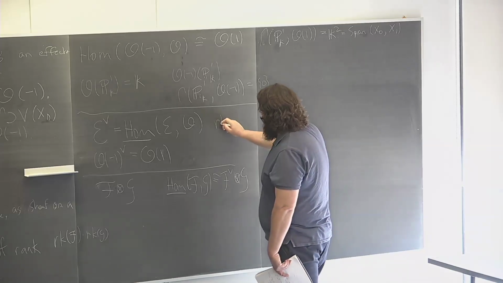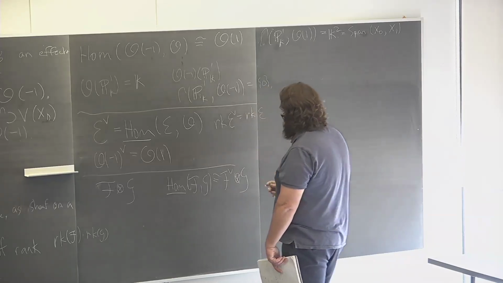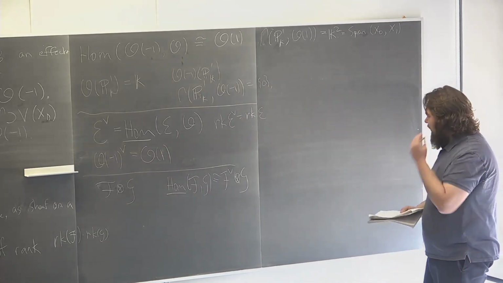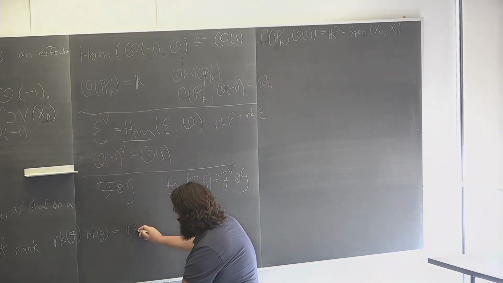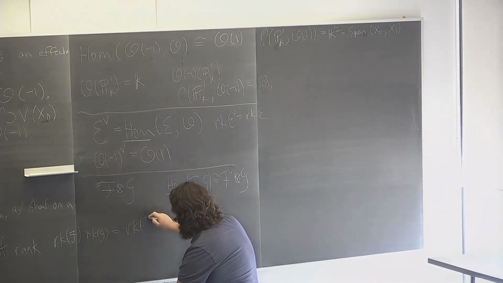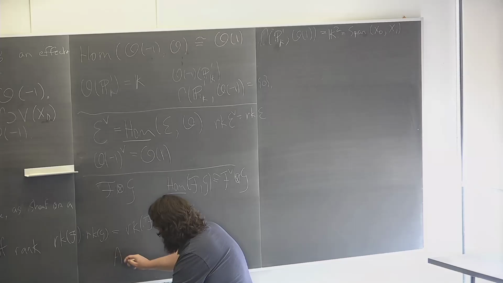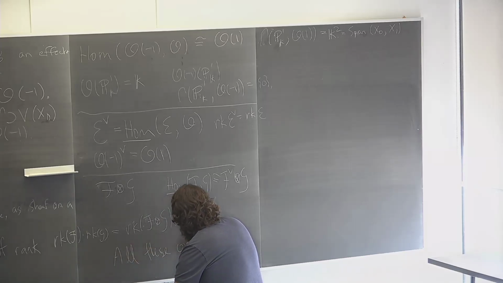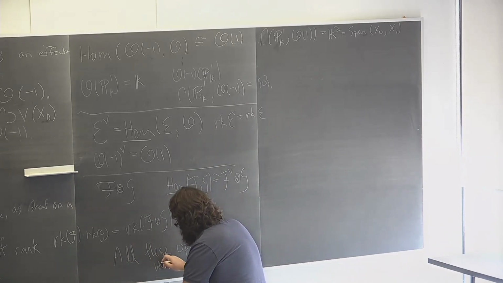Cool. So here, this guy has the same rank as E. This is taking the dual vector space of every fiber, essentially. And this product is also the rank of this tensor product. I'll just mention here, all these operations work for all coherent sheaves.